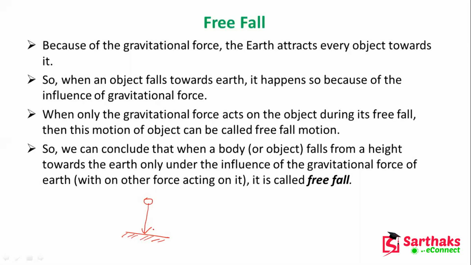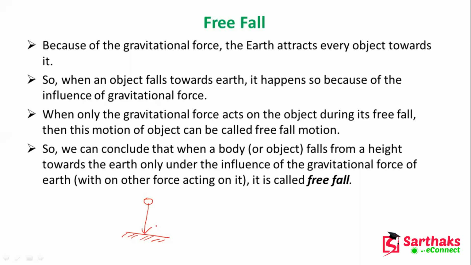Due to this gravitational force, this object will fall towards the ground, right? The earth attracts every object towards it. That's why the apple, noticed by Sir Isaac Newton, fell to the ground.